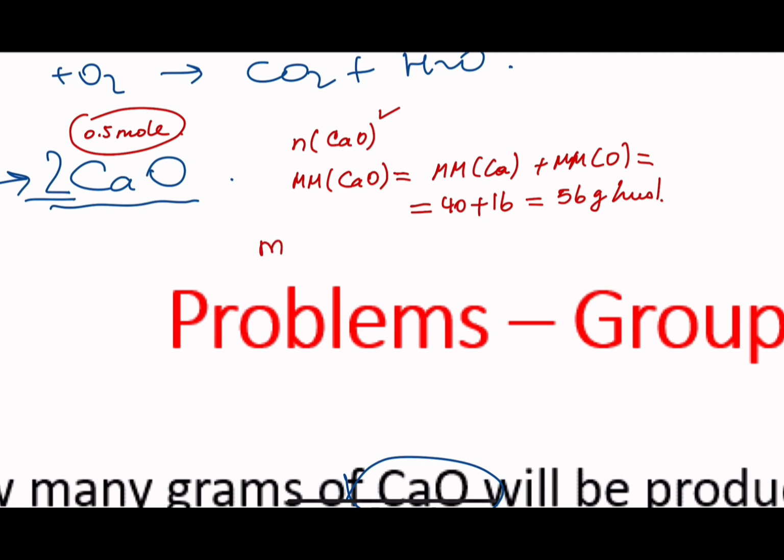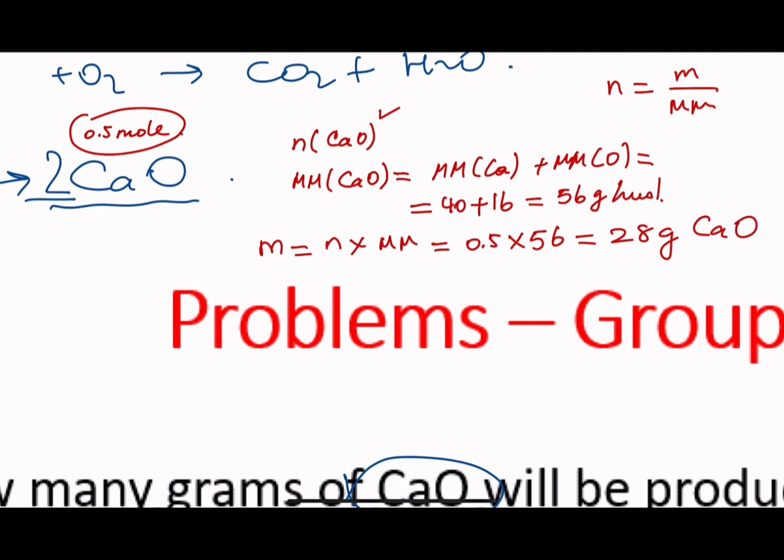What you do is that m equals n multiplied by molar mass, the formula that we had, n equals m over mm. Okay, and then what you do is 0.5 multiplied by 56, and you get 28 grams of calcium oxide. And this is the answer you have.